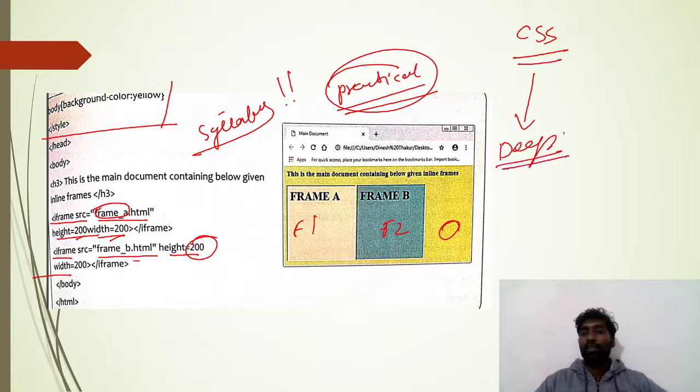Avoid going deep, because the basic concept is a big portion you should understand. The basic concept is very large. It takes plenty of time for you to understand. It will take at least 4 periods. So if you go into it, and it is not going to come in your examination, you may feel more difficulty learning all this. So better avoid CSS. Without CSS also we may insert images.